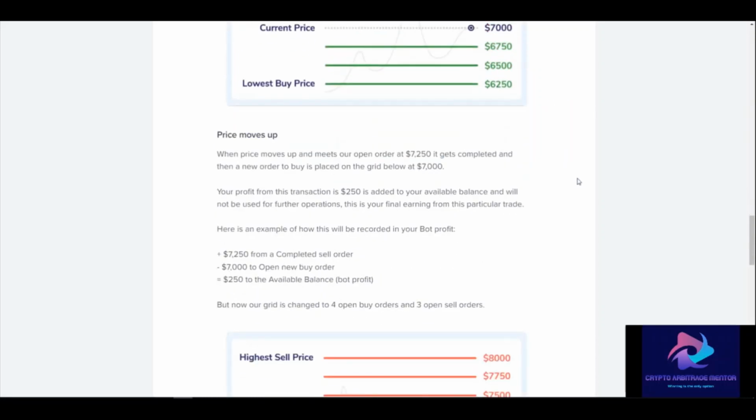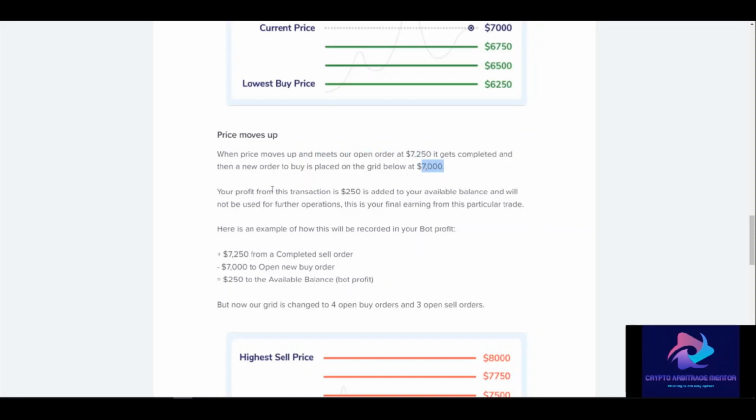Now the price moves up and hits this price, so there is a new order to buy placed in the grid below. When the price moves up and meets our open sell order at this price, it gets completed, and then a new order to buy is placed on the grid below at 7,000.